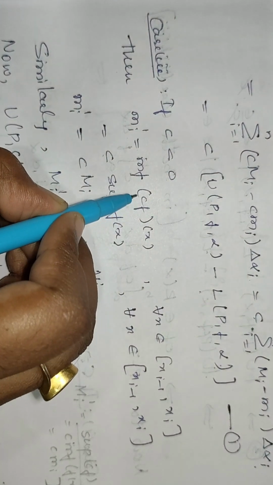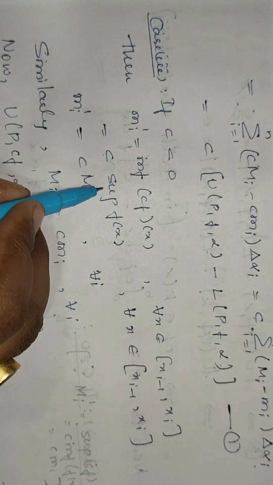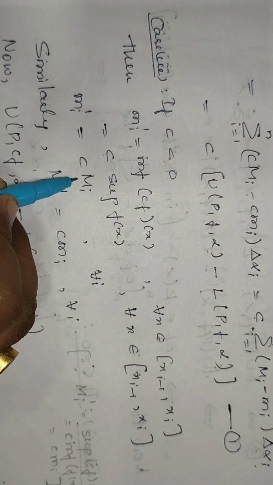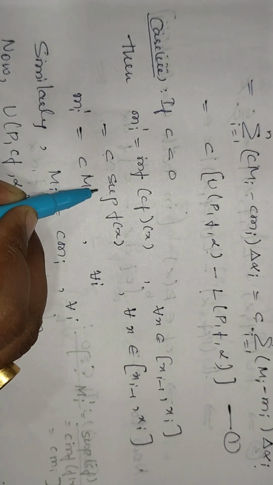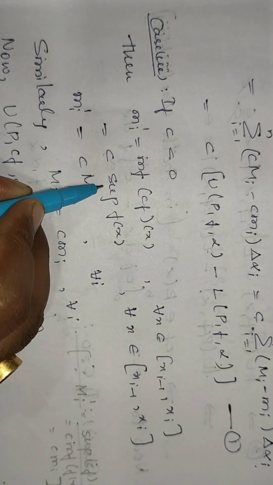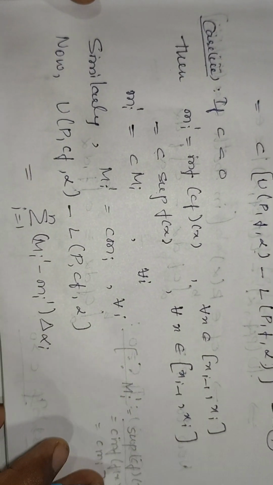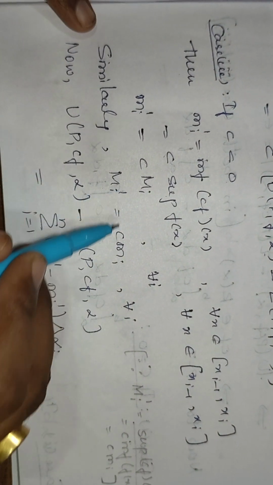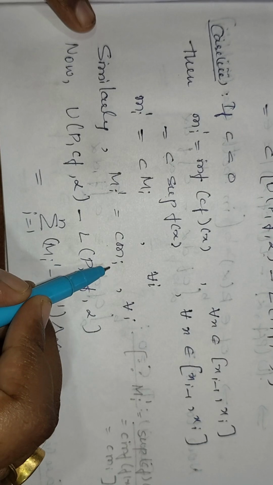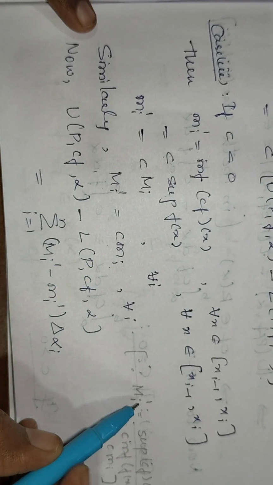Why? Because c is negative here. And what is the supremum of f(x)? It is nothing but capital Mi, because I have taken capital Mi to be the supremum of f(x). Similarly, capital Mi dash is equal to c into small mi for all i. Why?